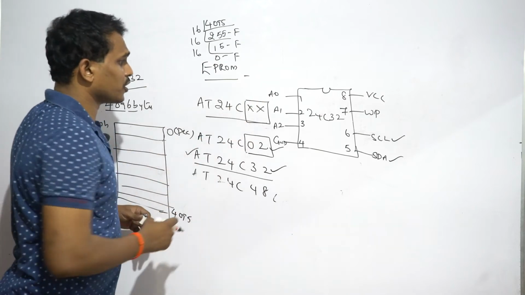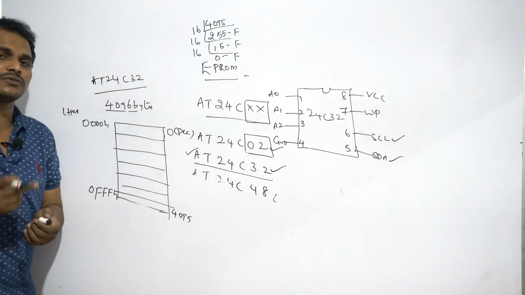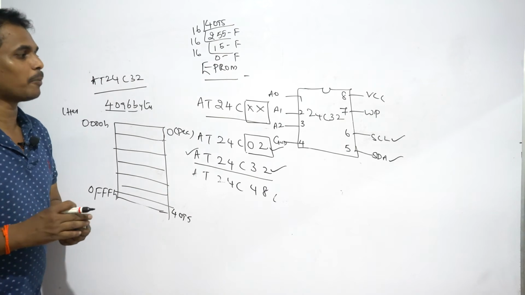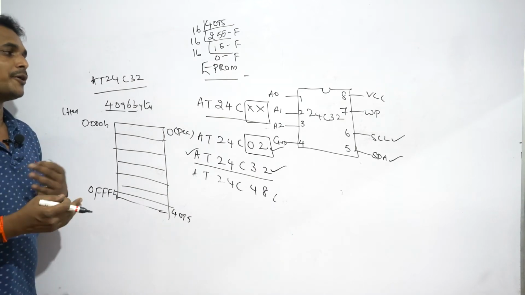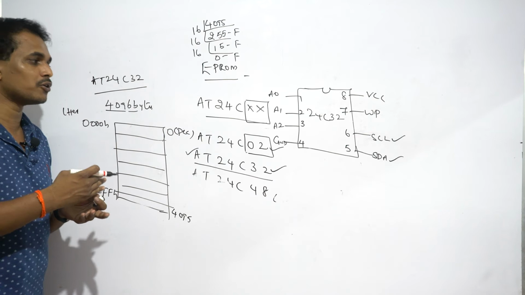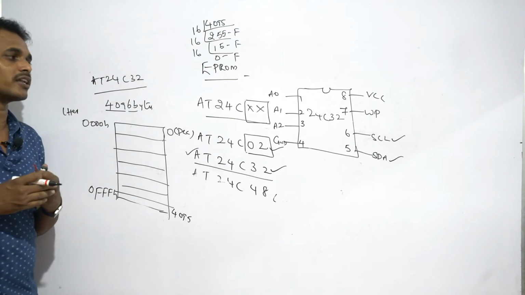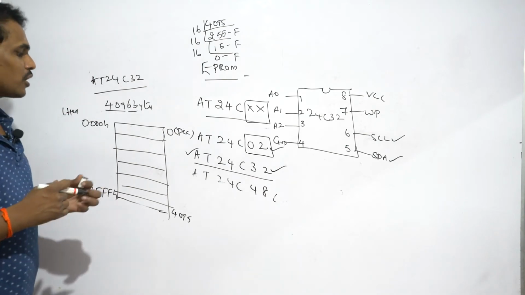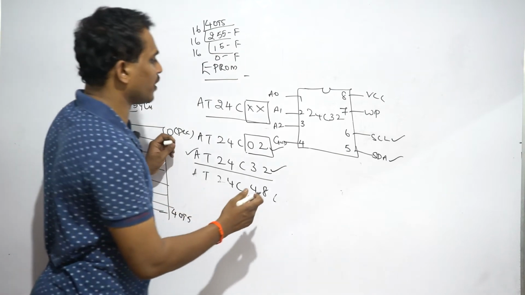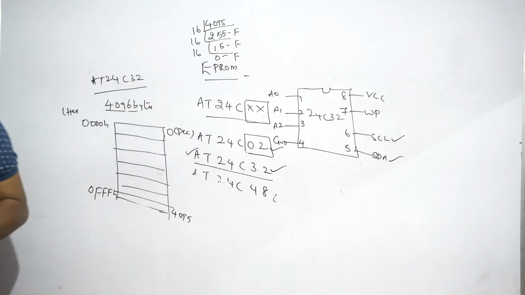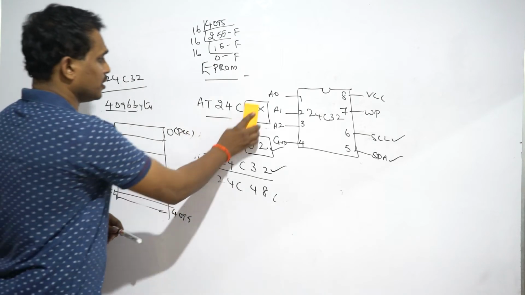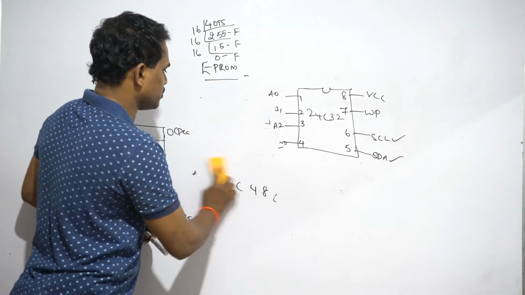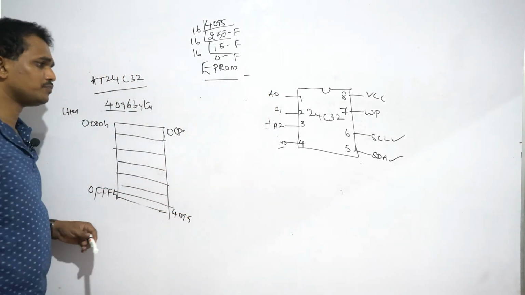Now, if you want to interface this EEPROM device with the controller, which pins do you connect with the controller, which pins go to VCC and ground, and which pin do you leave? Coming to the interface with your controller families, you have to use the 2 I2C lines.